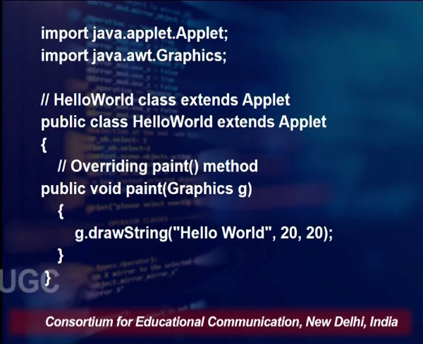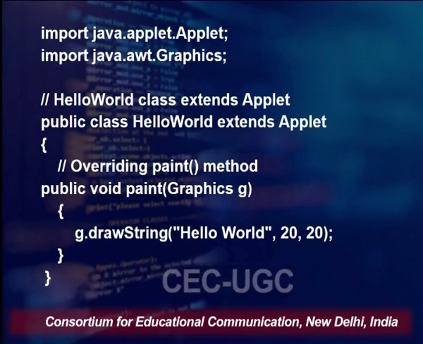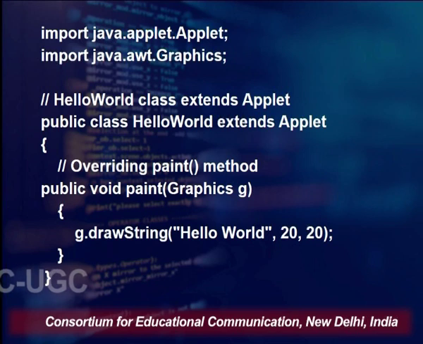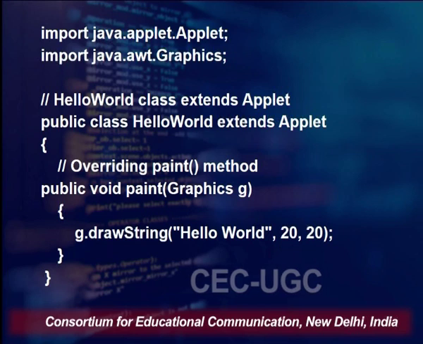So g.drawString("Hello World", 20, 20) says that at position 20, 20 on your monitor, the Hello World string is to be displayed.